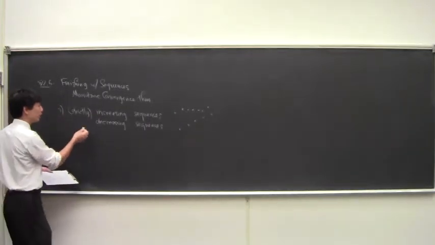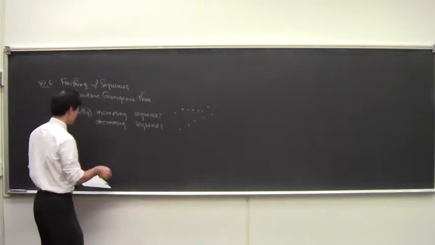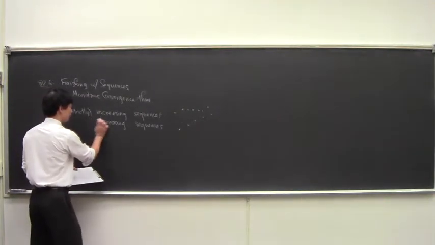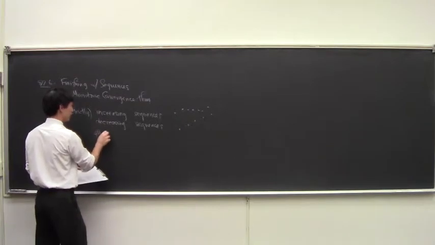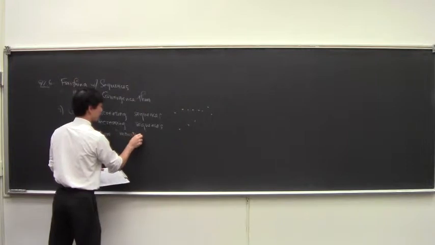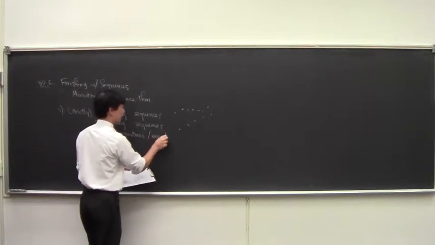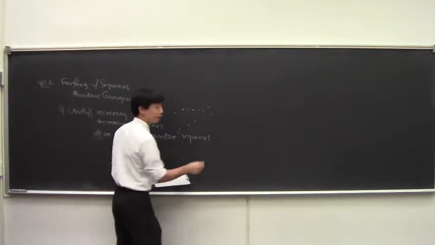And similarly, we have decreasing sequences and strictly decreasing sequences, and all of these fall into the category of so-called monotonic or monotone sequences, right?